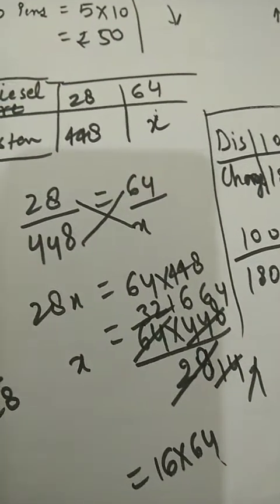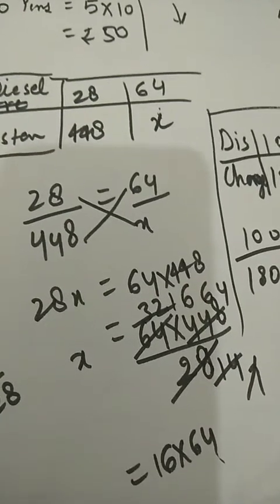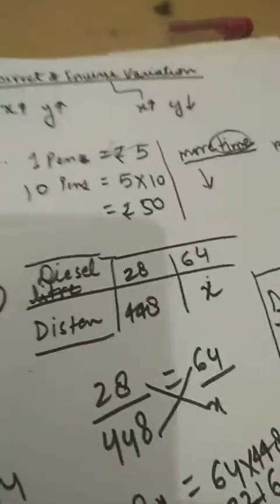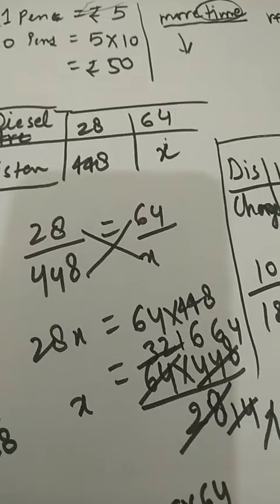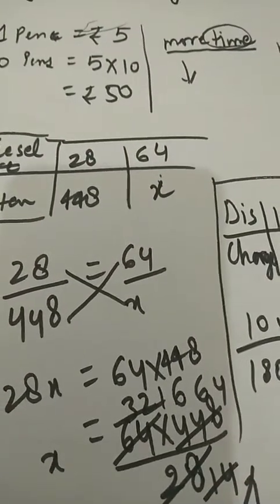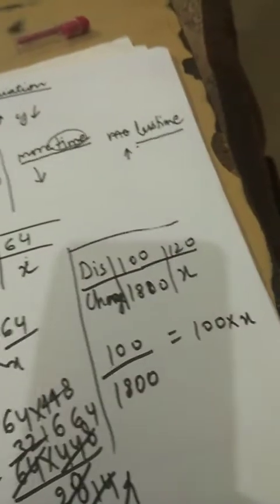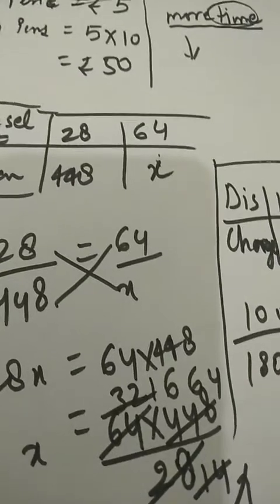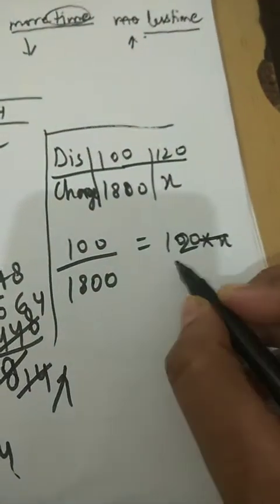1800 is equal to 100 into x. This is 120 into x, sorry, 120 upon x.